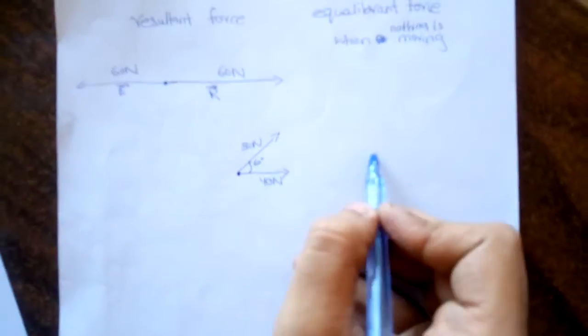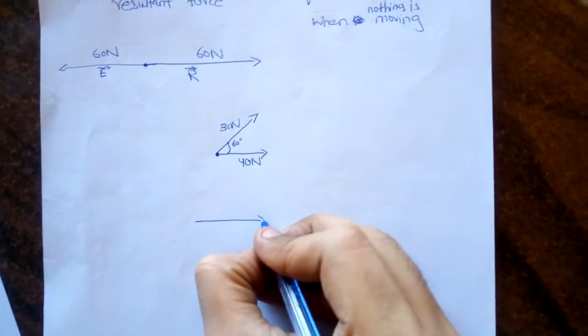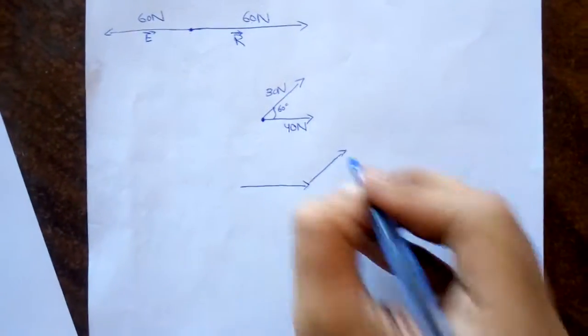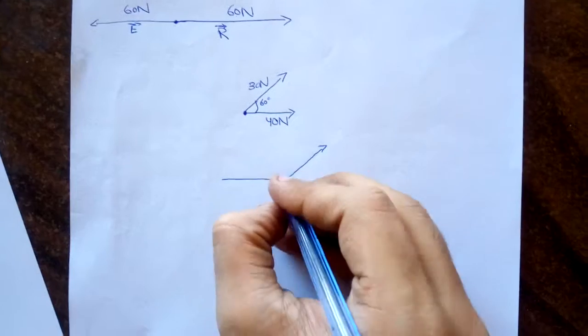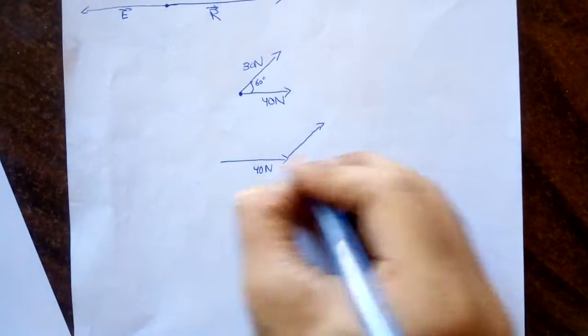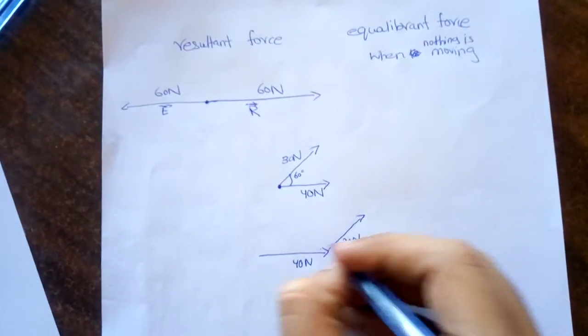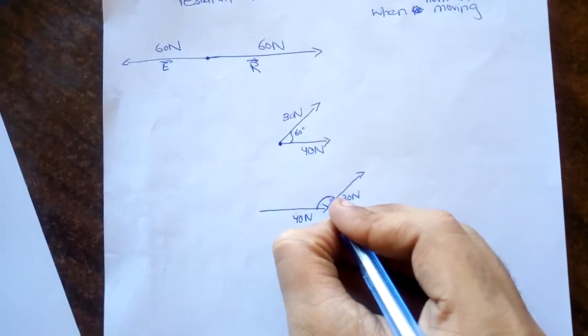To get a resultant force you have to add this one, this side, which we can say we're adding like this. So we'll be having 40 here, 30 here, but there will be an angle in between over here.